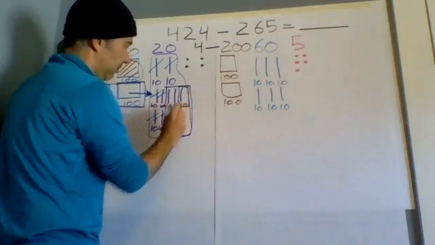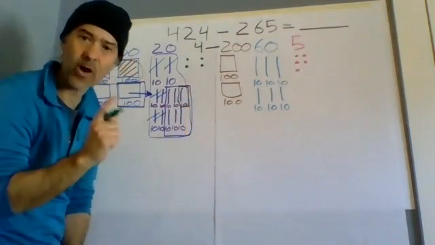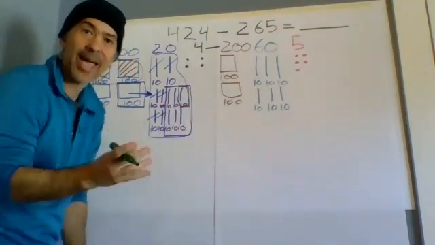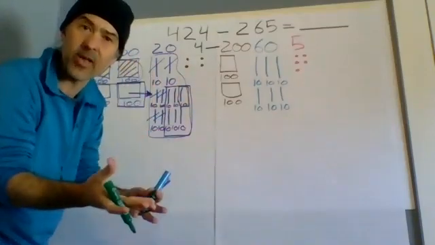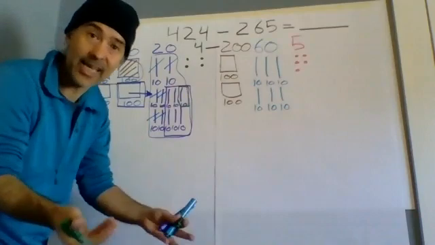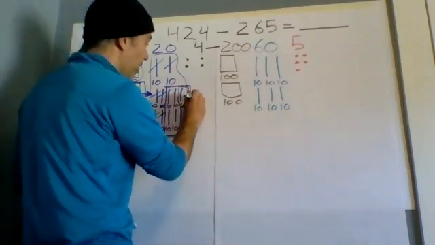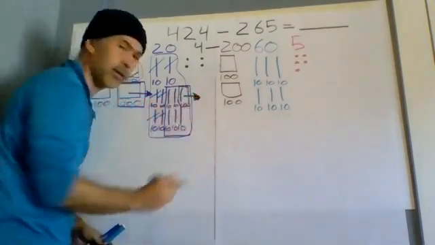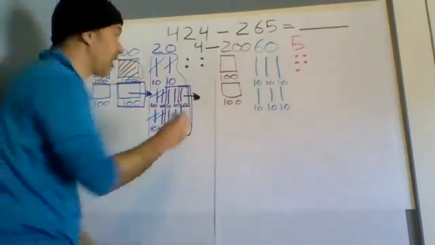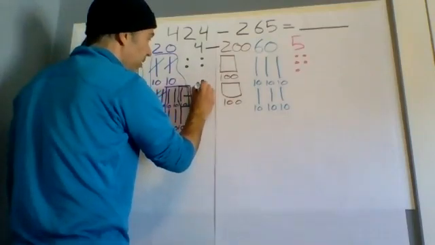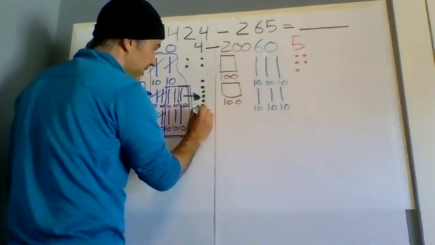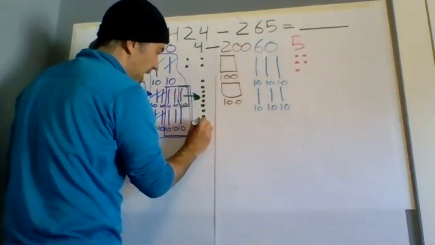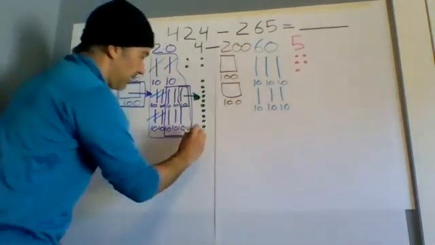What if I take one of my groups of tens and I trade it in for 10 ones. Can I do that? Yeah, I can. So I'm now going to trade it in. That 10 now becomes 1, 2, 3, 4, 5, 6, 7, 8, 9, 10 ones.